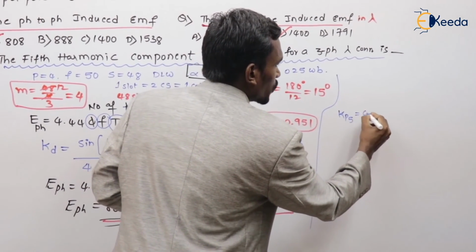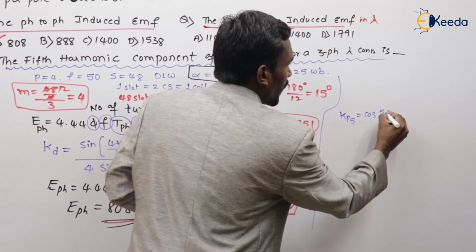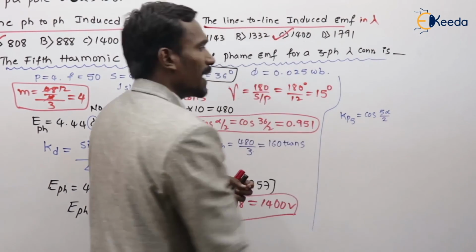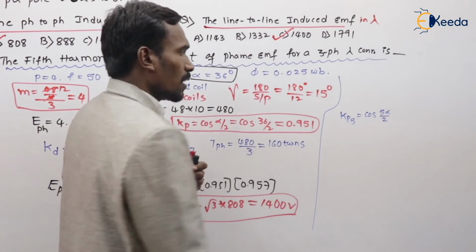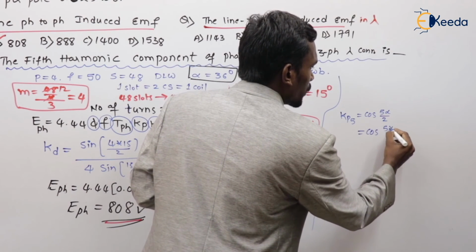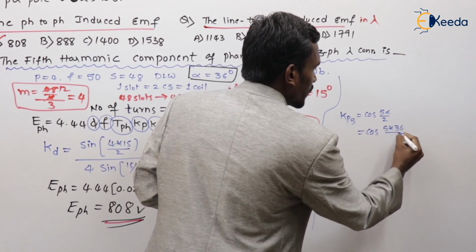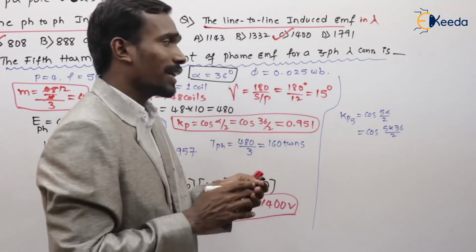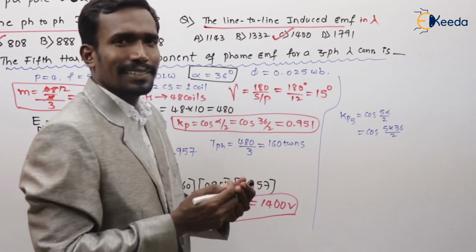Kp5 is equal to cos of 5 alpha divided by 2, nothing but cos of 5 into 36 divided by 2, because the given alpha is 36.